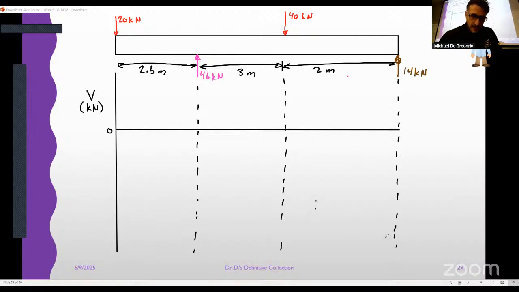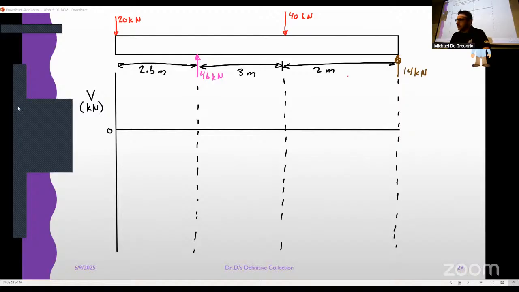You'll see why in a second. And again, these are Dr. D's ways of doing this. This is not necessarily the views of Sir Reginald Charles Hibbeler.